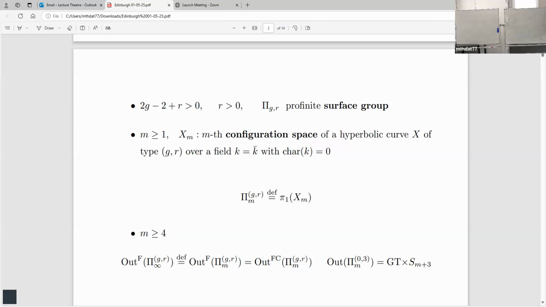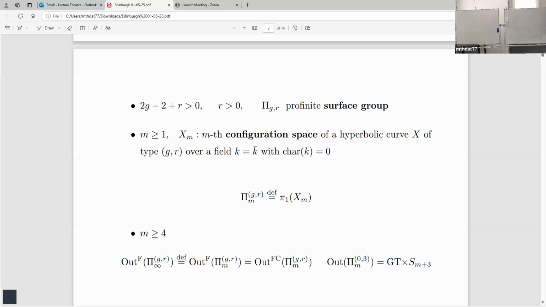We were reminded in the talk by Minamide that an automorphism of pi_m GR preserves the fiber subgroups, the subgroups which arise from projection onto configuration spaces of lower degree, but it preserves them globally: it maps a fiber subgroup to possibly another fiber subgroup. So Out^F consists of those outer automorphisms which fix each individual fiber subgroup.